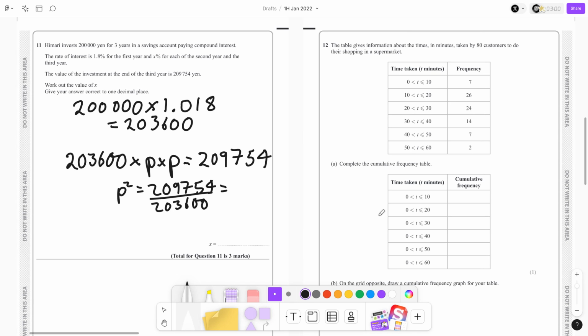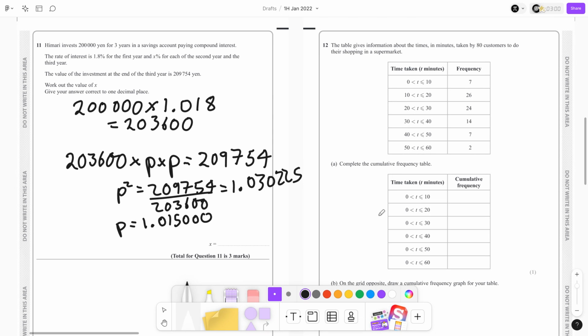So 209,754 divided by 203,600 is 1.030225, but that's P squared. So we've got to find out what 1 year is, P. So we take the square root of that, and it's 1.015.